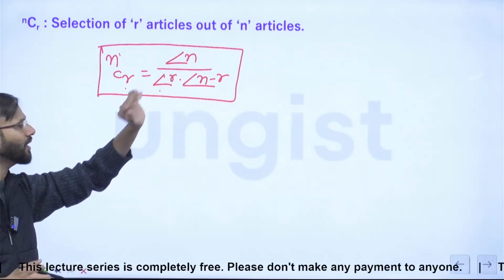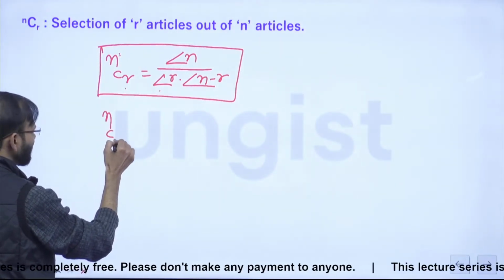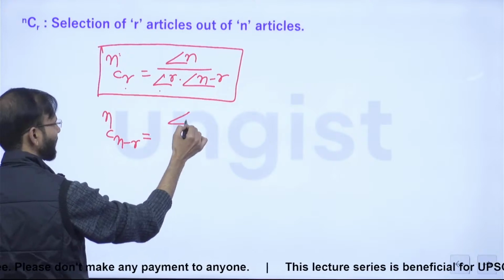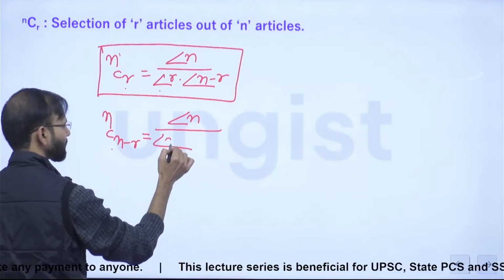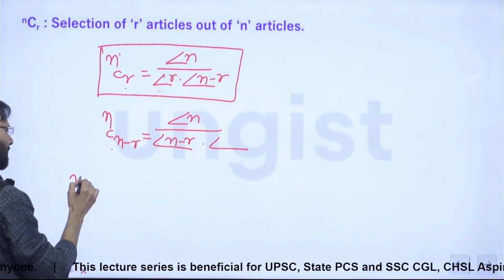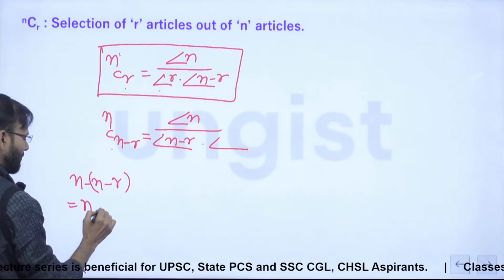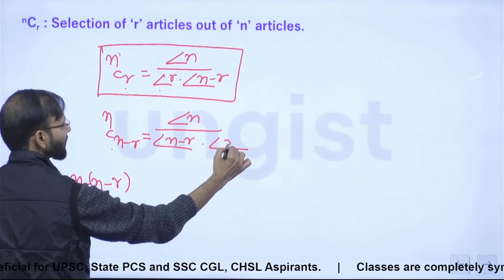Correct, everybody? Now, one more value. Suppose that I am writing NC n minus r. Guys, what should the formula be? This is factorial n. Now, factorial n minus r into the factorial of the difference. So n minus r, this will become n minus n plus r. This will cancel, so this is r once again.